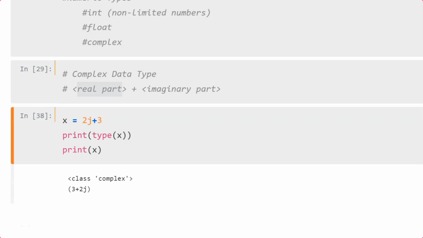But at the end, what you can notice here is a complex type is none other than a real part plus an imaginary part. That's great. Now let's go more in detail about how we can manipulate this complex value when we have more complex expressions, so that you will get some idea of how the complex data types are actually utilized in Python.